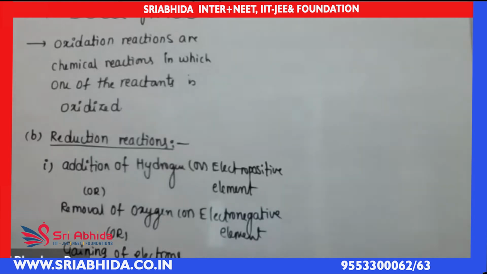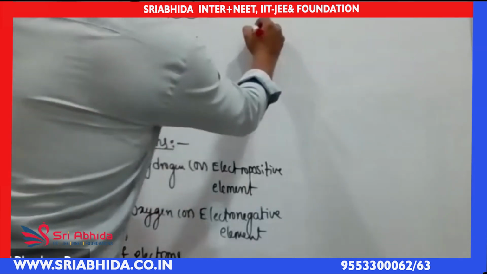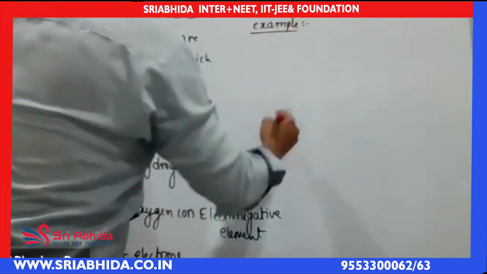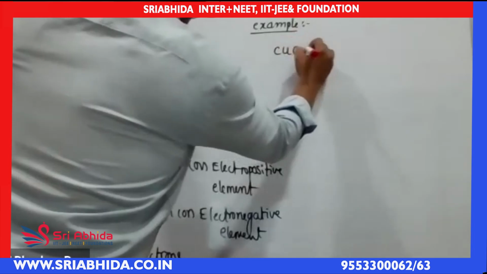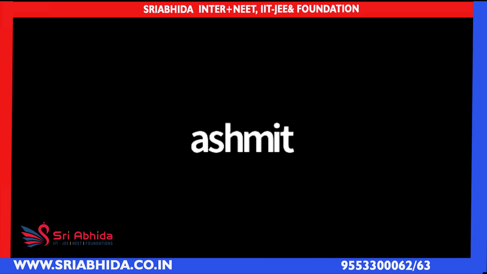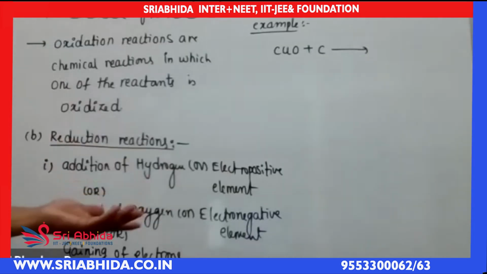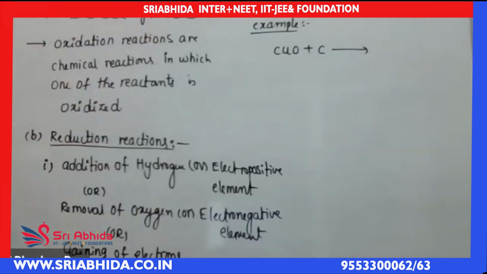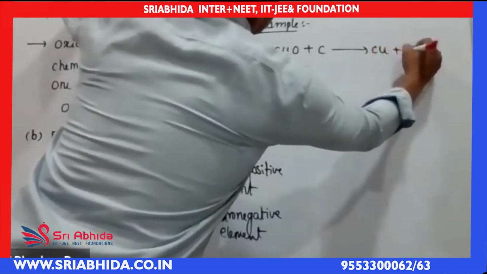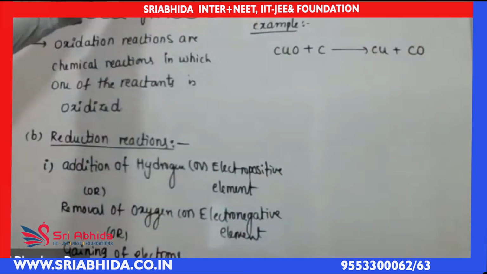So what is the general example? I will give you an example first. For example, here copper oxide reacts with carbon. Loss of electrons means oxidation; gaining of electrons means reduction. So when copper oxide reacts with carbon, it is converted into copper plus carbon monoxide, right?